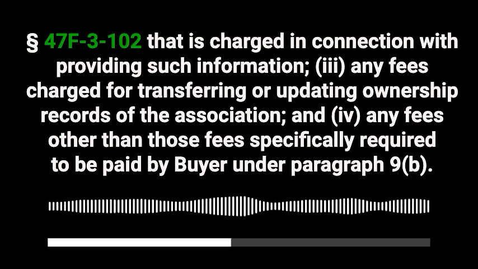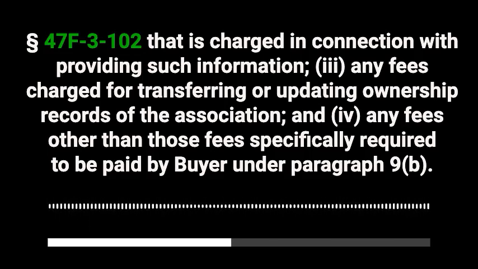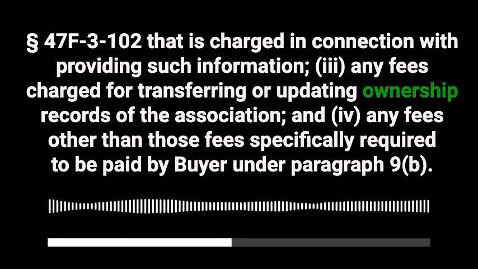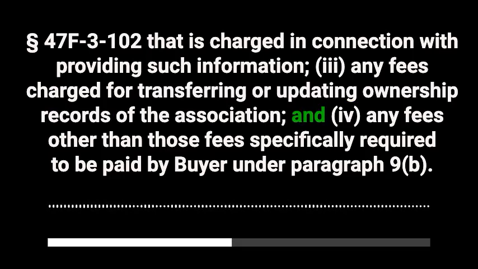Stat. § 47F-3-102 that is charged in connection with providing such information. Any fees charged for transferring or updating ownership records of the association, and any fees other than those fees specifically required to be paid by buyer under paragraph 9.